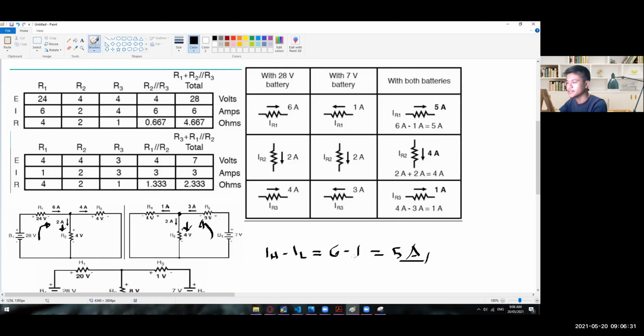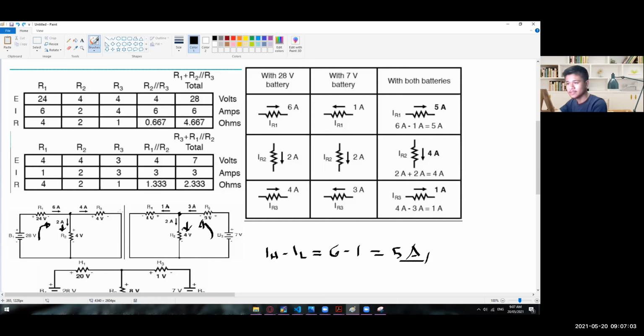So this is the answer for the I1. And then for the R2, it's noticeable that we have the same flow of current, so they will be added with each other. So I2 is 2 amps, and then I2 on the other side is still 2 amps. So 2 plus 2 is equal to 4 amps. I hope there's no problem when it comes to R2.